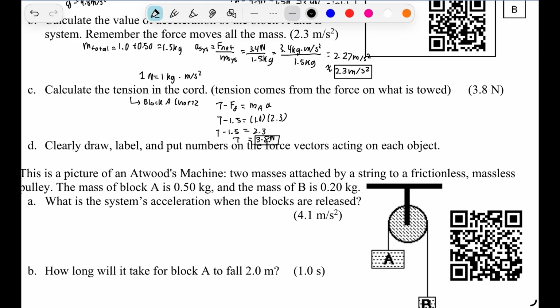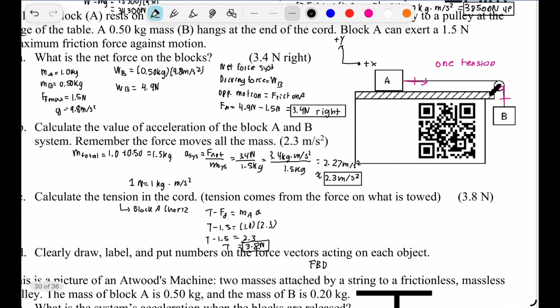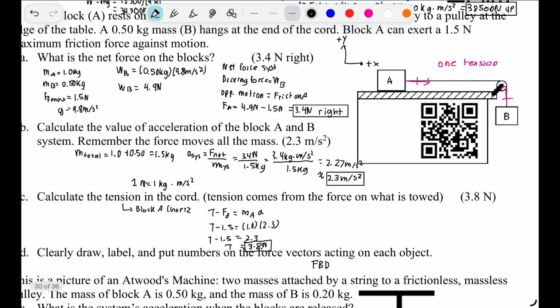Clearly draw and label and put numbers on force vectors acting on each object. So we're going to draw the FBDs. On block A, we have our normal force, which is going to be up. Fn is going to be equal to 9.8 newtons.